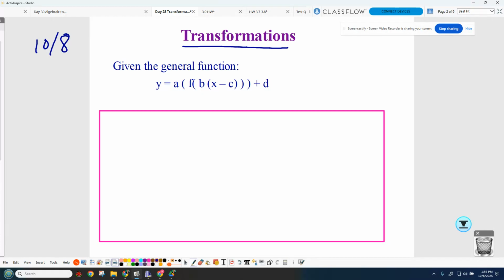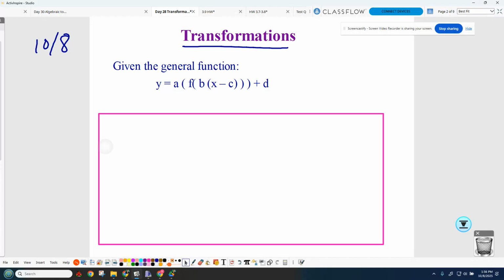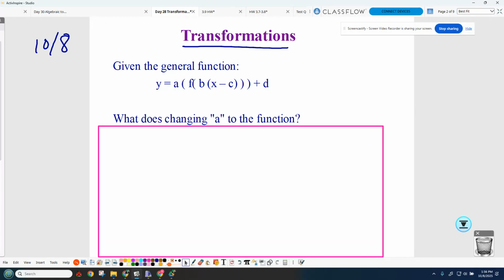Something like that. So, my general question, when I change A, what does that do to the function? Does it move down? Or moves up?